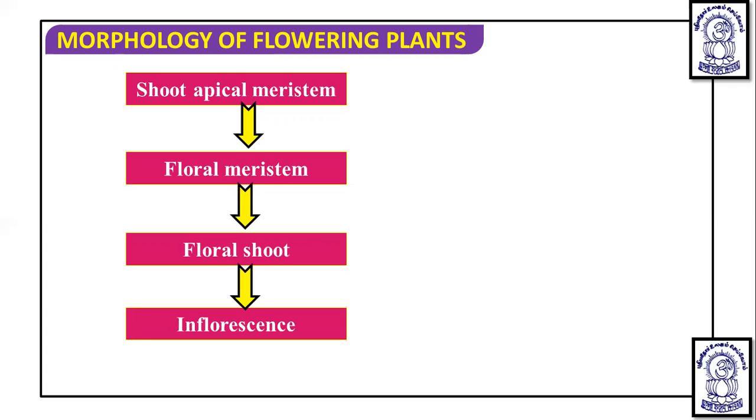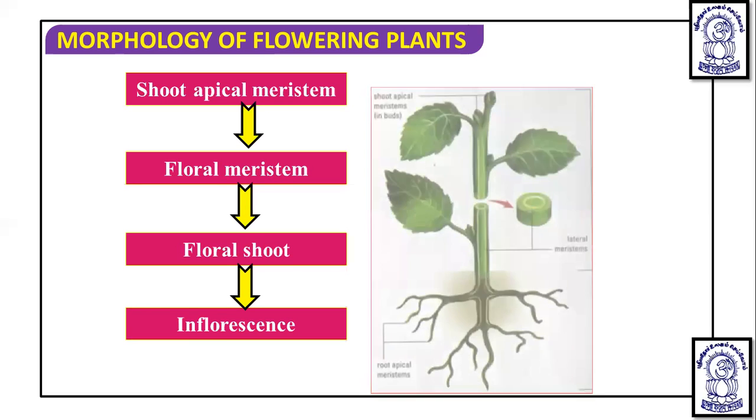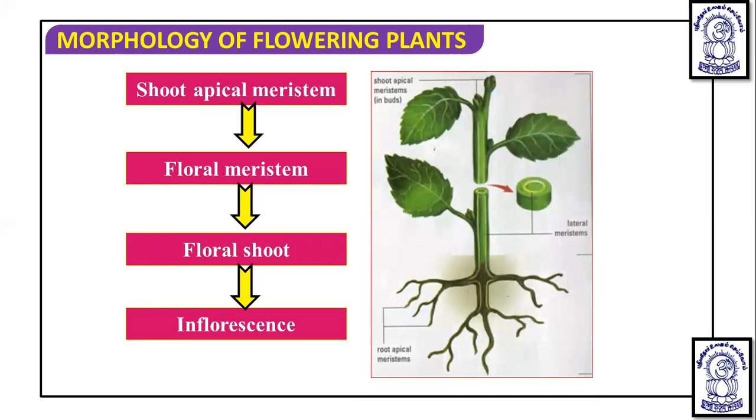Here you can see the shoot apical meristem in buds, and this will grow and the conversion into inflorescence will be observed.